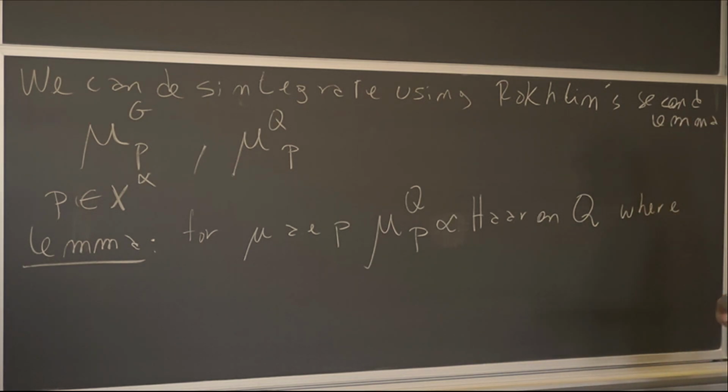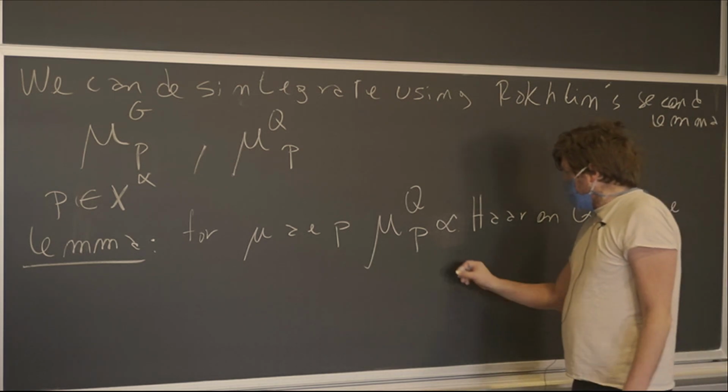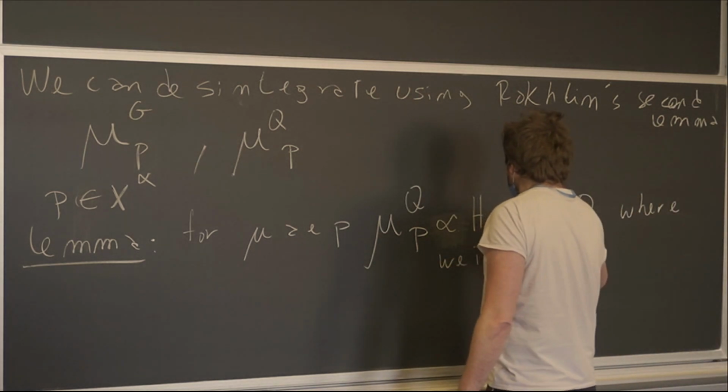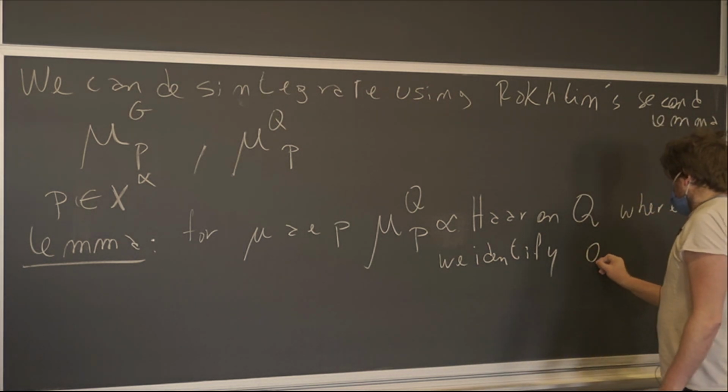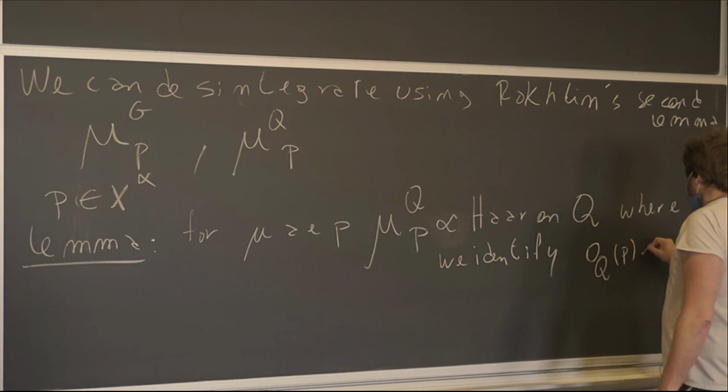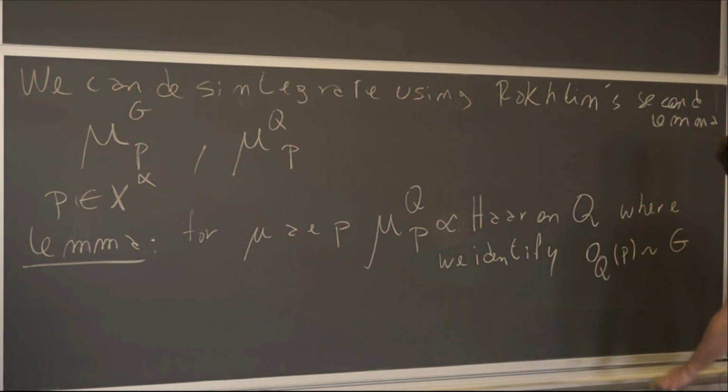So Haar measure is not well defined with normalizations, where we identify the Q orbit of P with Q by the natural parametrization of the orbit by Q. So yeah.